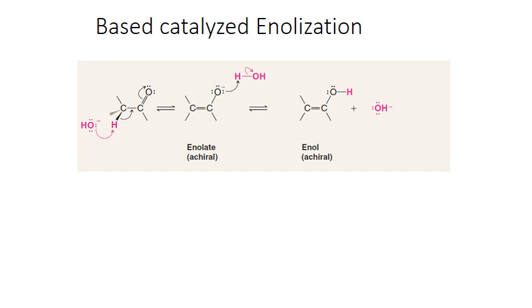Enol loses a proton to form enolate, a planar structure, which accepts a proton from the upper face or the lower face and transforms to a racemic mixture of the chiral ketone. This is base catalyzed enolization.